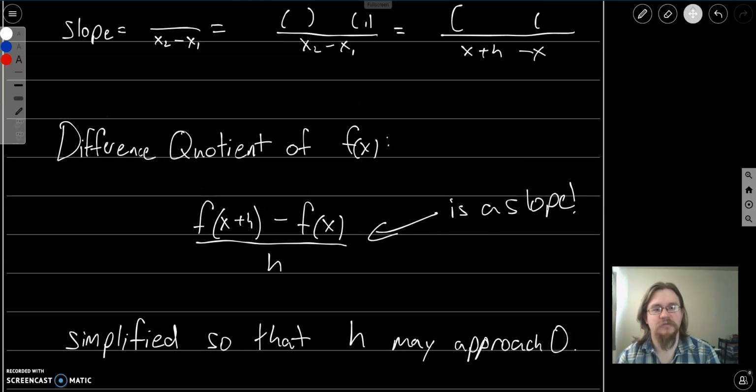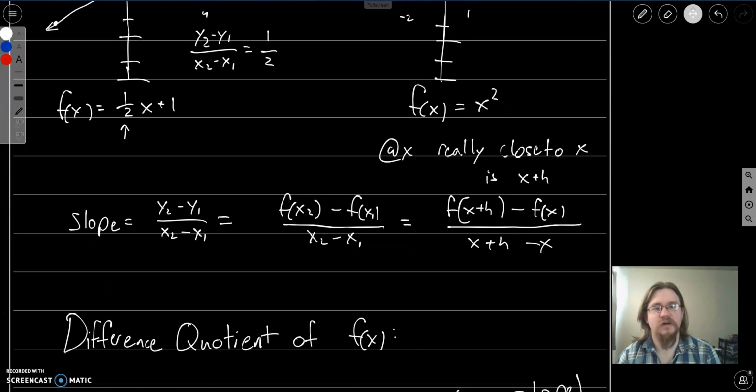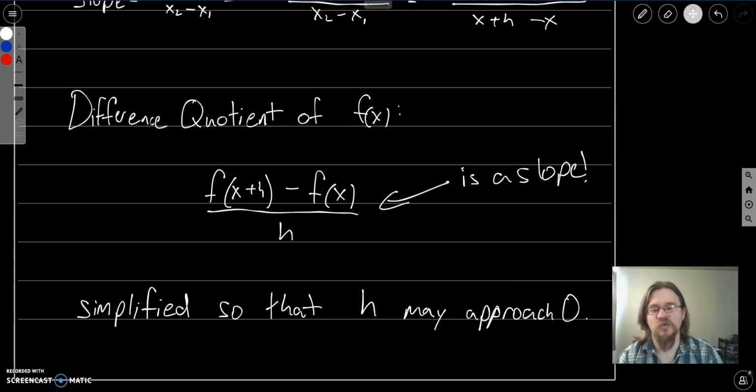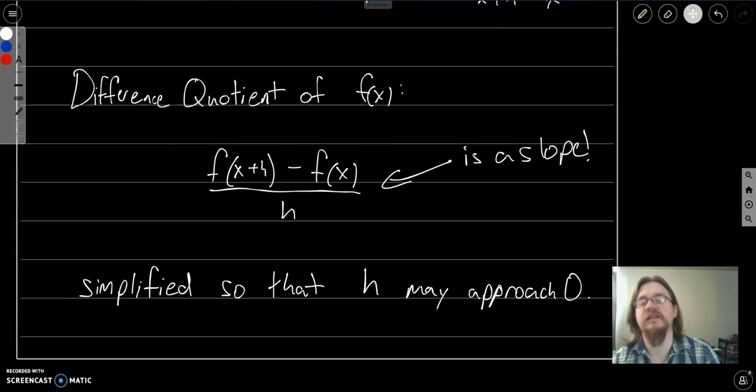If we're trying to find a slope, we want to get these two points as close as possible, so that our slope is going to be more accurate. So what we'll end up doing is taking the limit as h approaches 0. But let's first just do a couple of examples.